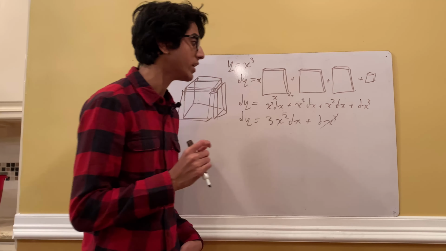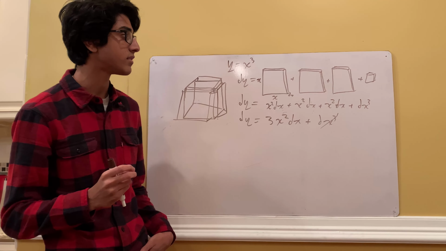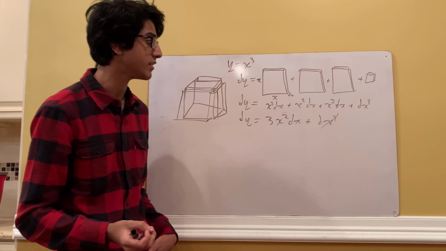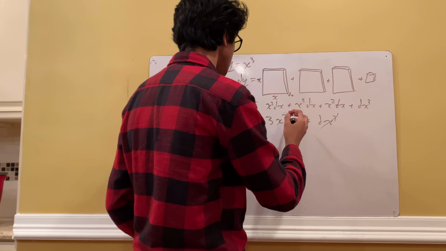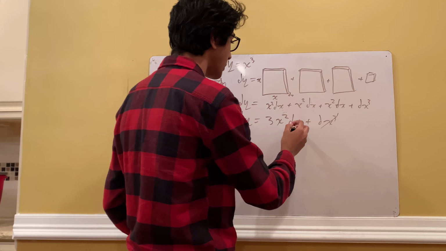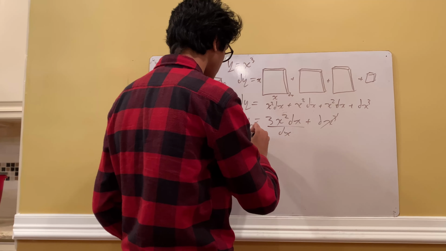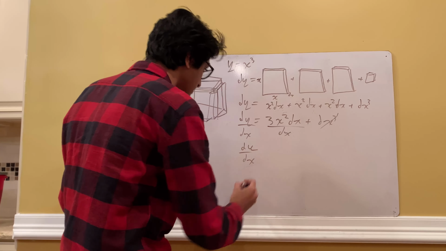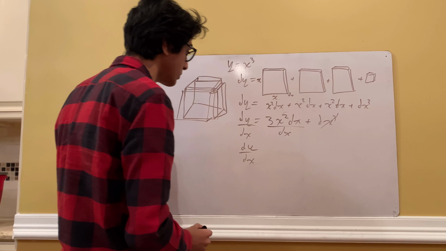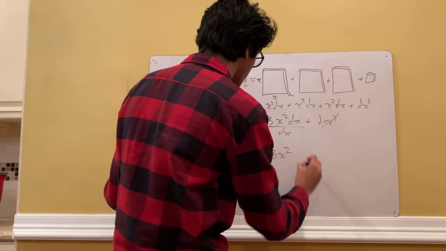So we're working with very, very small increments of x, and seeing what happens as the change approaches 0. So this will be 0. And then we can divide both sides by dx. And we get dy over dx, which is the derivative of this volume function, is equal to 3x squared.